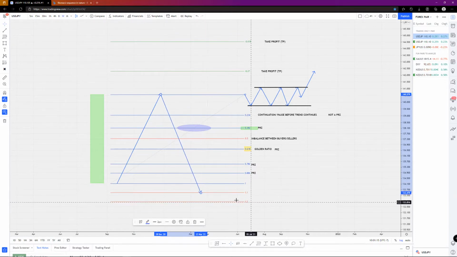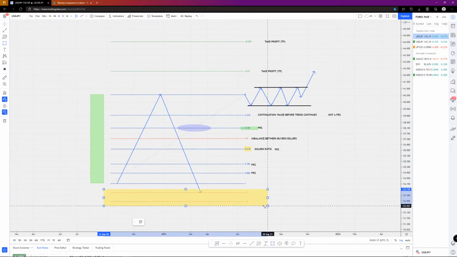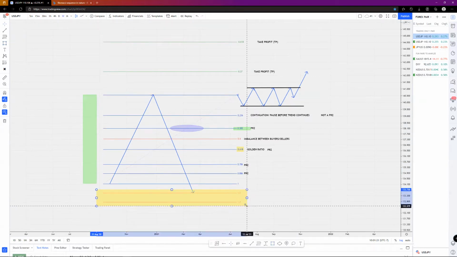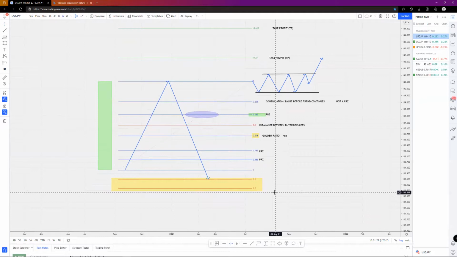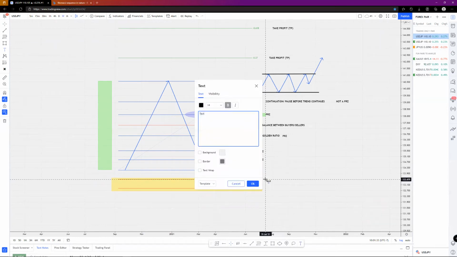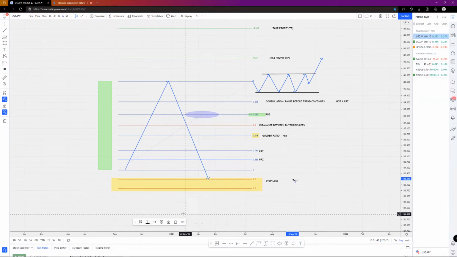Hint to hint, why I have these reds here. These levels are known as our stop losses. This is where we control where we put our stops, basically how much we're willing to lose. So these are both our stop losses, stop loss 1 and stop loss 2.